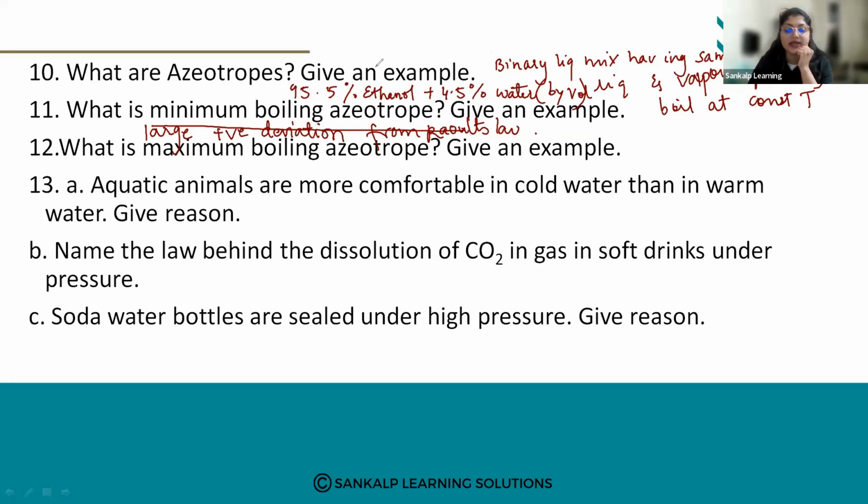The same example can be given: 95.5% ethanol plus 4.5% water by volume. So this is about minimum boiling azeotrope.